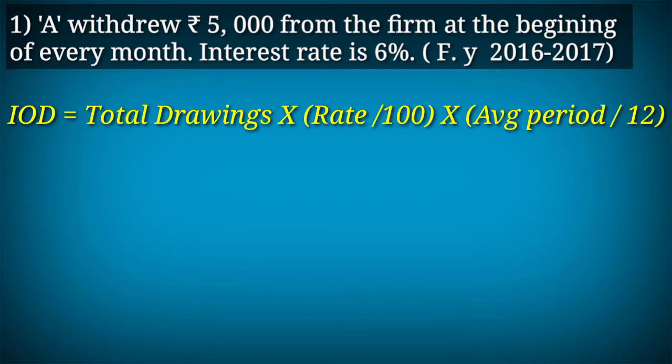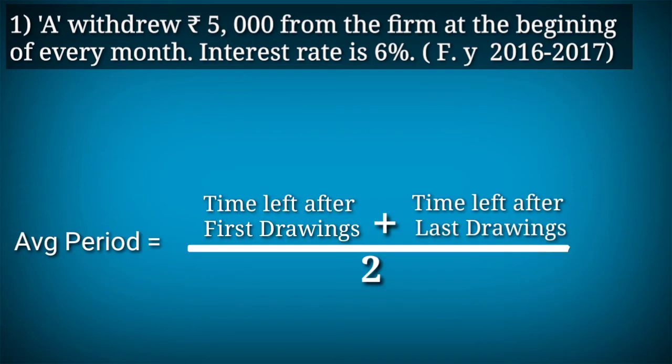We know interest on drawings equals total drawings into rate divided by 100 into average period divided by 12. So first we need to calculate average period. Average period equals number of months left after first drawings plus number of months left after last drawings divided by 2.